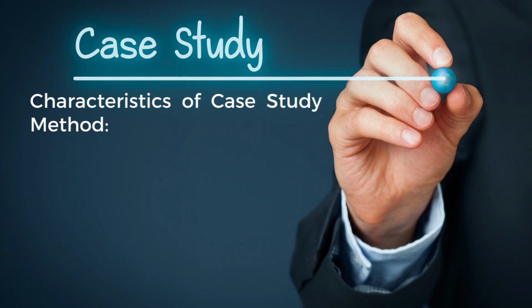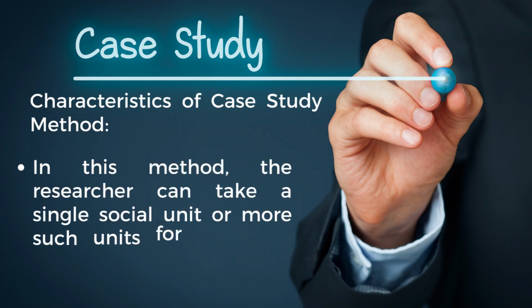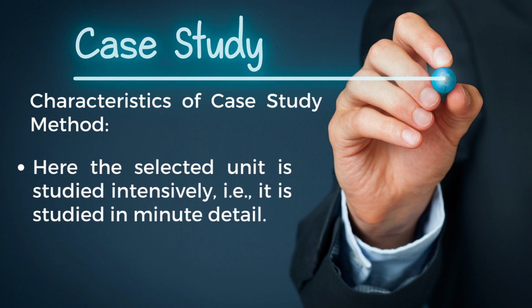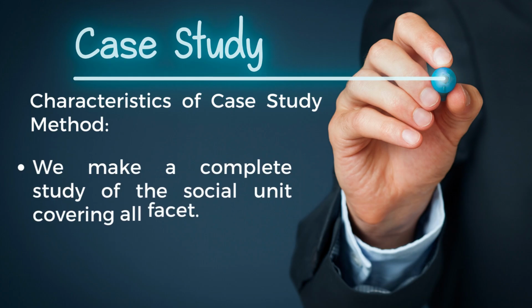The characteristics of case study methods are, firstly, in this method, the researcher can take a single social unit or more such units for his study purpose. Secondly, here the selected unit is studied intensively, that is, it is studied in minute detail. Thirdly, we make a complete study of the social unit covering all facets.